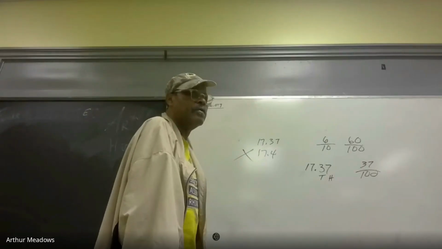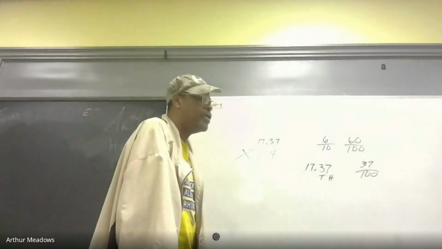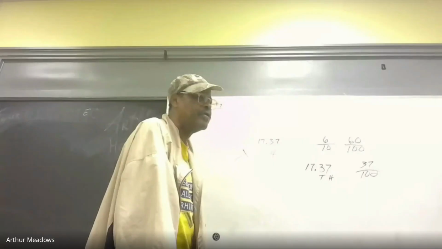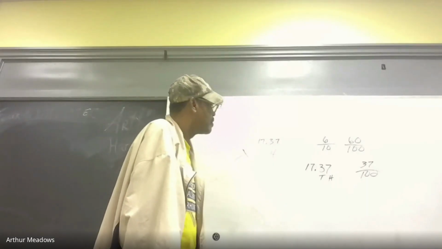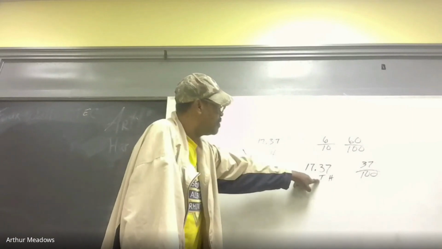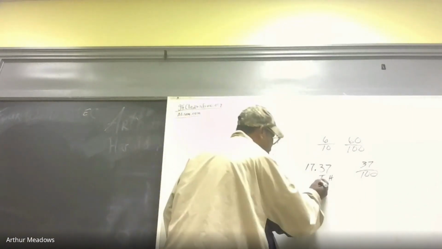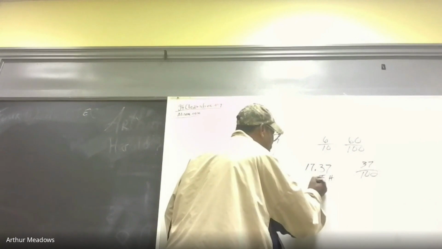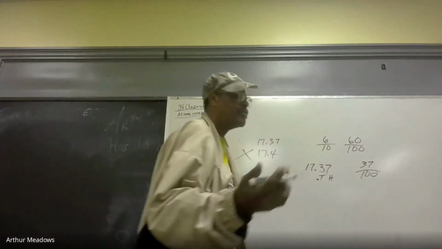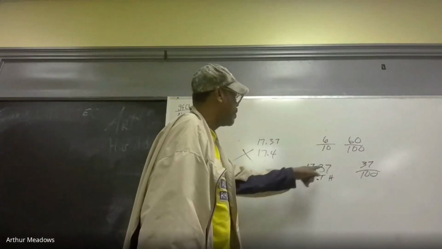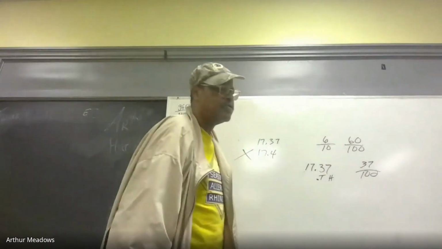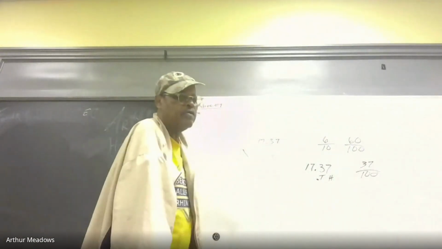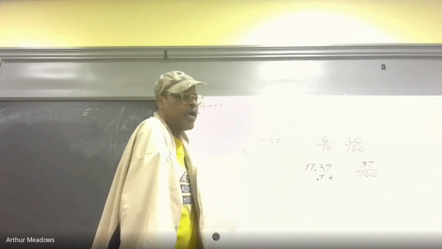What's the answer? 17.37. Okay. And you've got this here, and this is a whole number here. These are tenths, hundredths, thousandths, ten-thousandths.